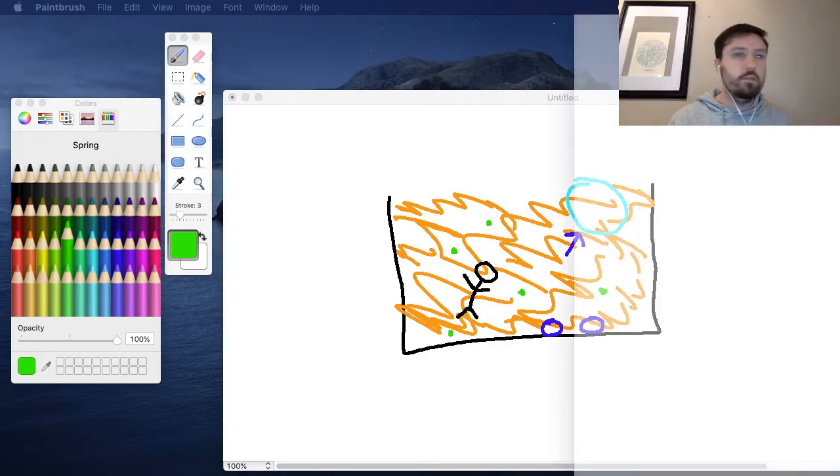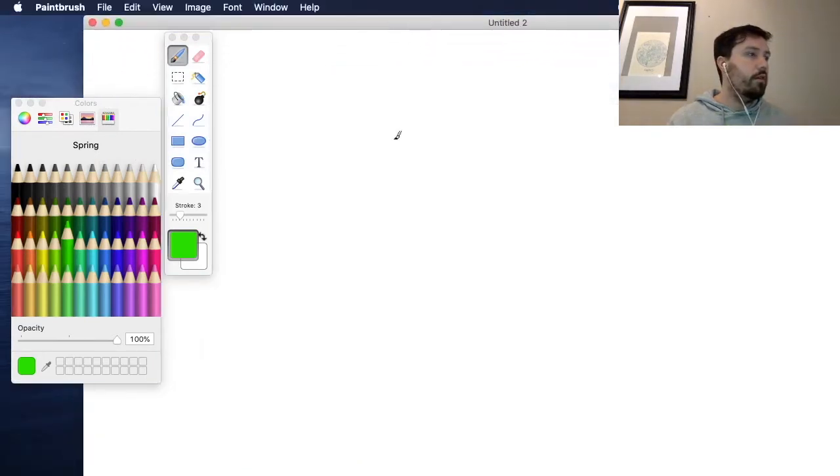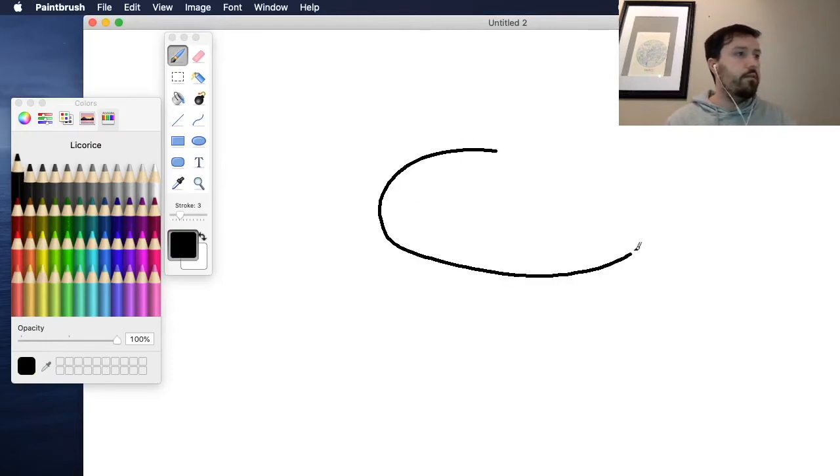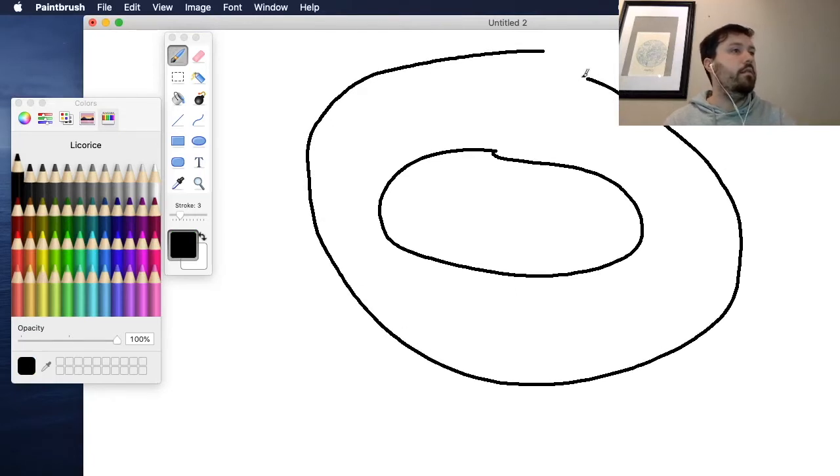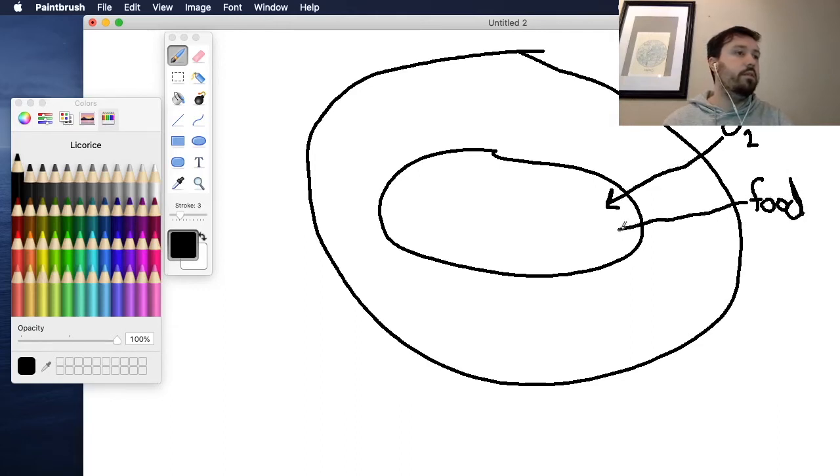So say this is our mitochondria, and it's inside the cell. Oxygen, O2, is going to come into the cell, and it's going to come into the mitochondria. Same with food. I'm just going to write food. It's going to come in through the cell and into the mitochondria.